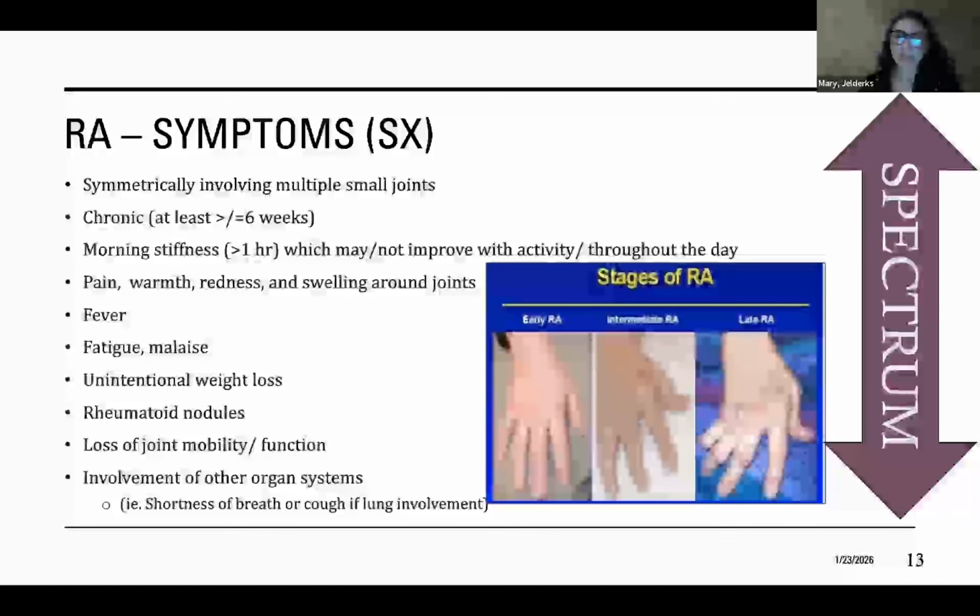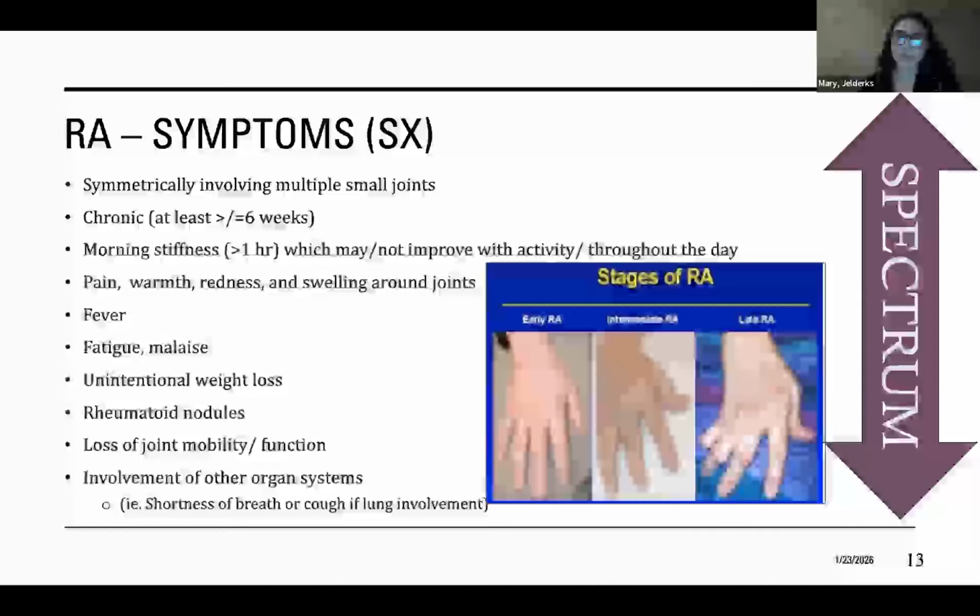And here is just an image of the progression of disease, where on the left-hand side in early rheumatoid arthritis, you do see areas around the joints, the middle knuckle here in the middle finger. There is obvious swelling. If you pay attention closely, you see the swelling in localized areas.